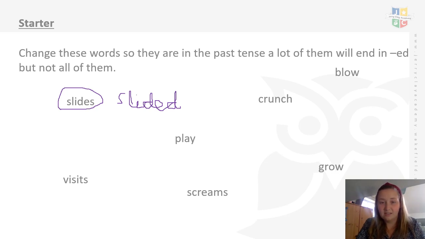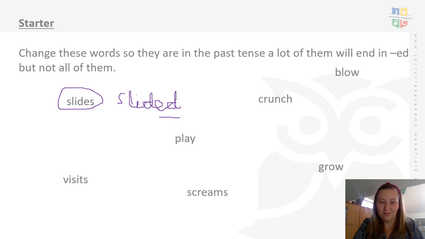So instead of saying the dog slides into the living room, you're going to say the dog slided into the living room. Can you see? I've changed it so it's already happened. Most of them will have an ed ending, just like this one, but some of them might not. And you need to think, what is the past tense of this word? Okay, pause it now and have a go.